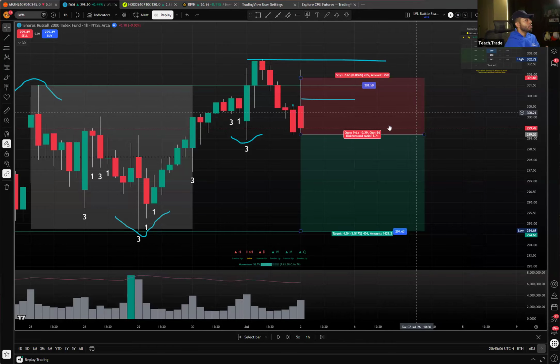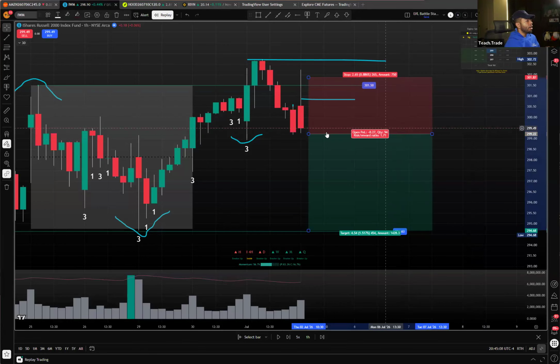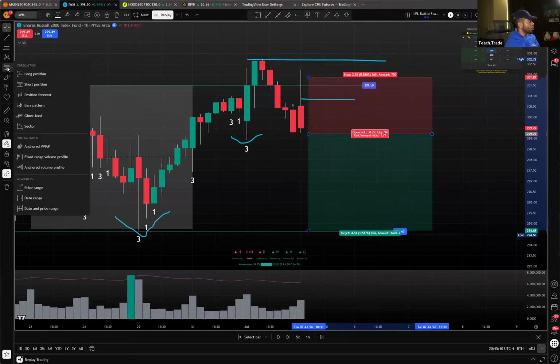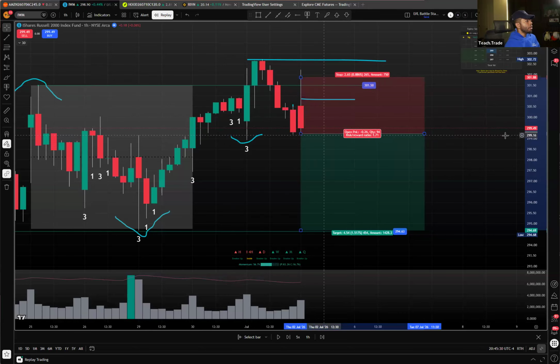This final piece is about how we take this tool, which is over here by our toolbar, the short position tool. And you would pick the long position if you're looking for a call, right? Or another component we're going to cover a bit later. But the short position tool is outlining the trade opportunity in front of us.